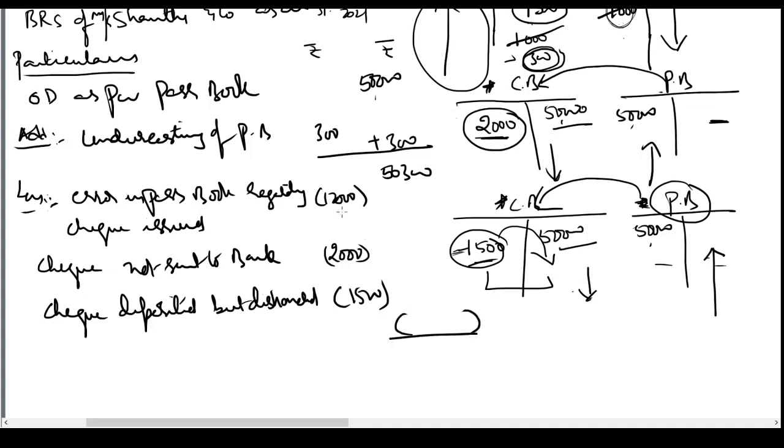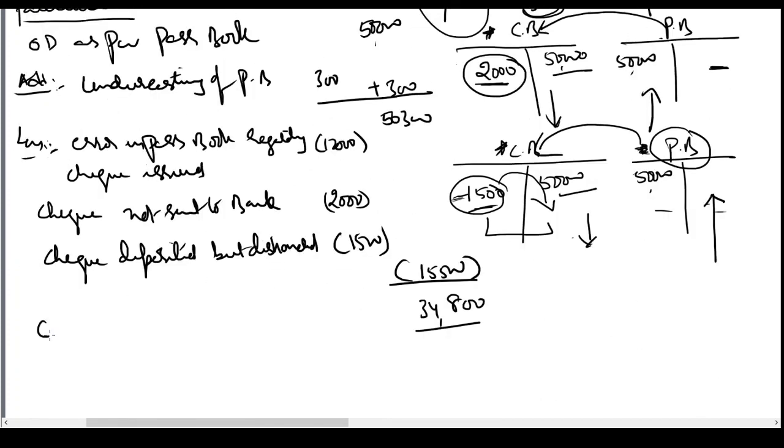Less items total will be 12,000, 2,000, 14,000, 15,500. So balance will be 800. 49 minus 15 is 34,800. So this is the overdraft bank balance as per cash book.